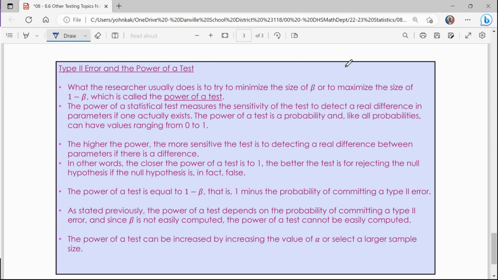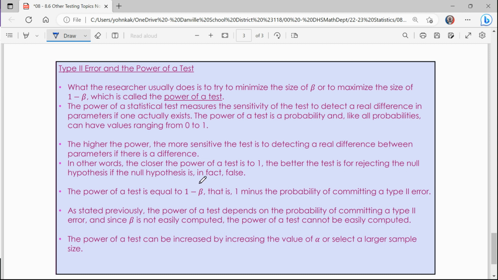The higher the power, the more sensitive the test is to detecting a real difference between the parameters if there is a difference. In other words, the closer the power of a test is to 1, the better the test is for rejecting the null hypothesis if the null hypothesis is in fact false.